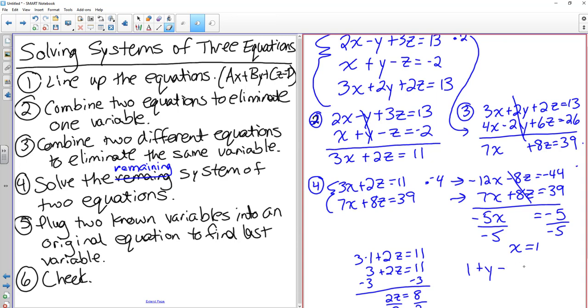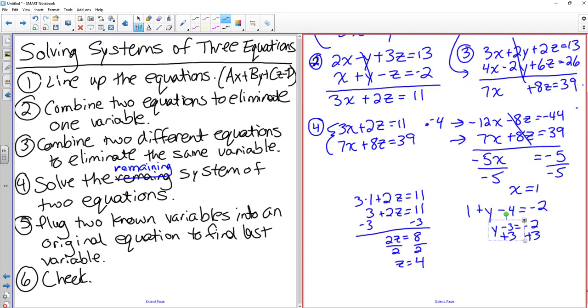Instead of z, I can write what it is, which is 4, equals negative 2. So 1 and negative 4 is negative 3, equals negative 2. Add 3. So y equals 1.